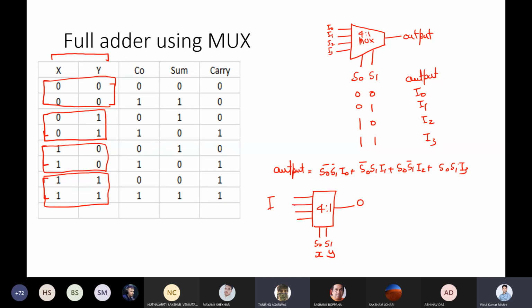Right. Now let me redraw this diagram. So you are saying this is your XY. So you have 0, 0, you have 0, 1, you have 1, 0, and 1, 1. Let me take different colors so that you can easily map.